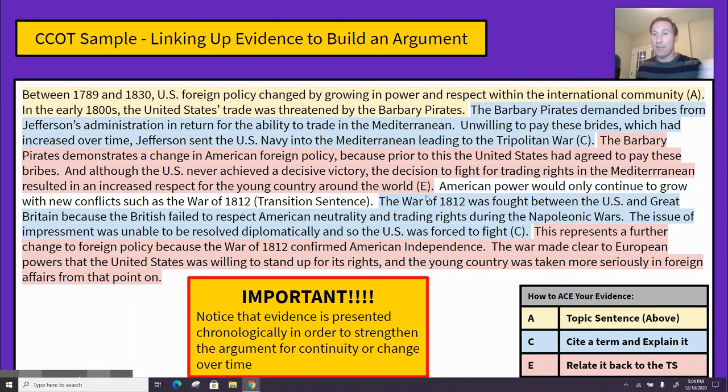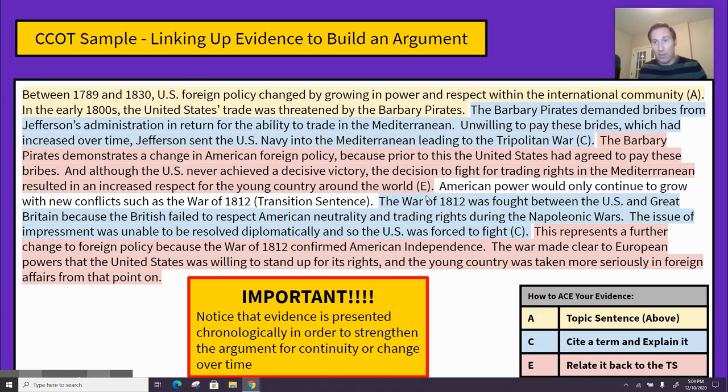And then I'm going to hit my reader with the next citation. The War of 1812 was fought between the U.S. and Great Britain because the British failed to respect American neutrality and trading rights during the Napoleonic Wars. The issue of impressment was unable to be resolved diplomatically, and so the United States was forced to fight. So there's my citation. I've laid out what the War of 1812 was. Now, I have to explain, that's not enough.